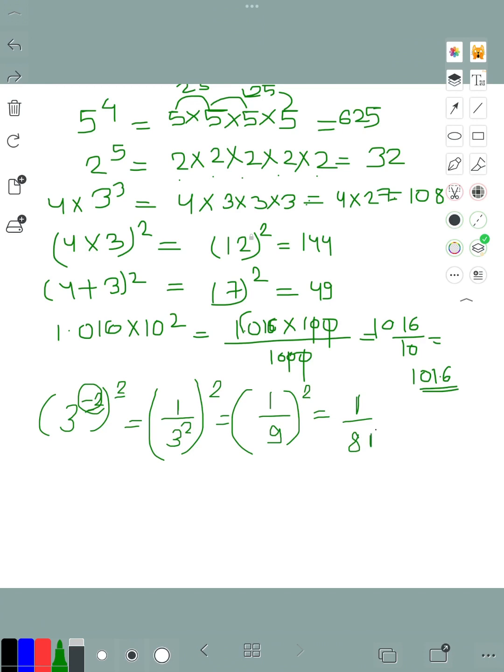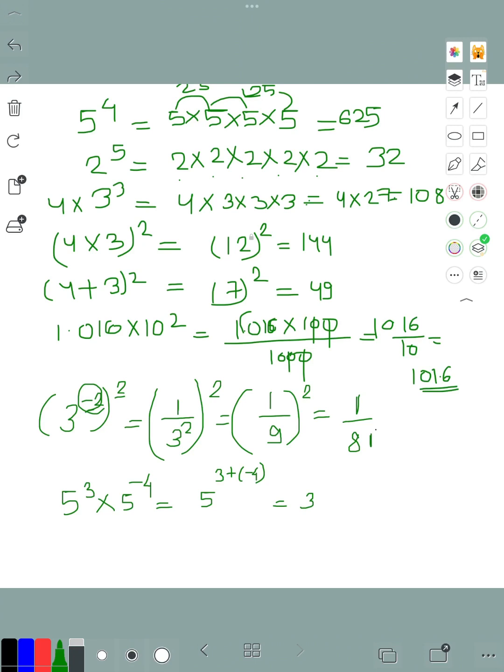Okay, moving further to the next question, we see the question 5 cube into 5 to the power -4. Okay, so what we will do here, first there's a sign of multiplication, right. So in multiplication we add the powers. Because here is -4, so we'll put the minus in the bracket.